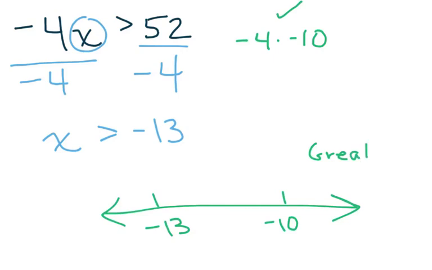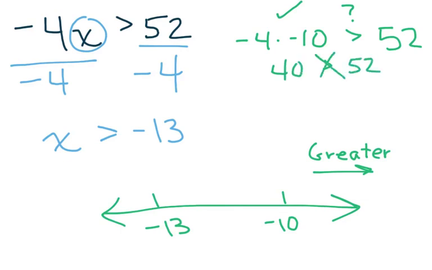Do you agree? To the right, right? Okay. So if I did negative 4 times negative 10, is it greater than 52? I multiply this. Negative 4 times negative 10 equals 40, and it is not greater than 52.